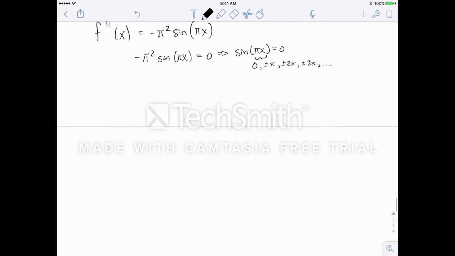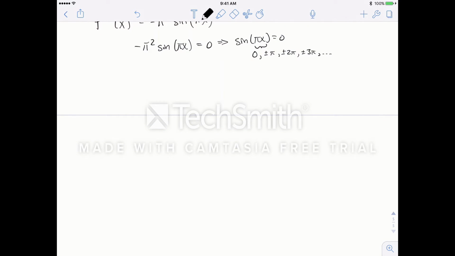So we want to find out when this happens in our interval, which, remember, was negative 2 to 2. So we can set pi x equal to 0, which means x equals 0. That's in our interval. We can set pi x equal to plus minus pi, which means x equals plus or minus 1.